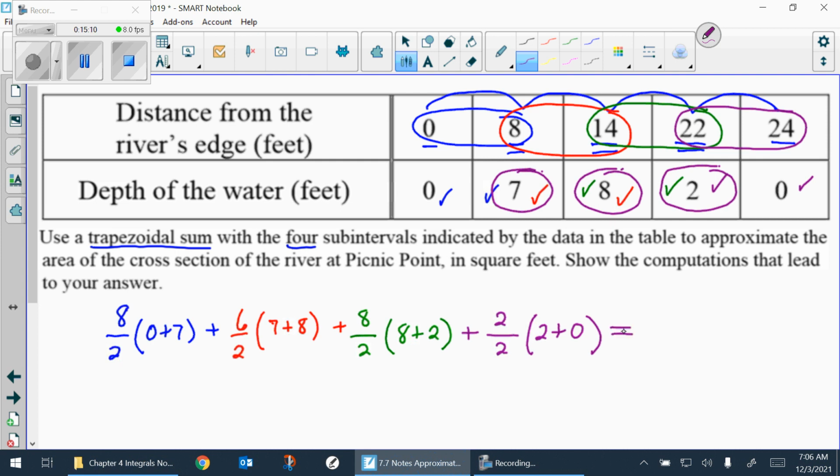Calculator time. If you do this correctly, I believe you get 115. So that's how we're going to use midpoints and trapezoids to estimate the areas under the curve.